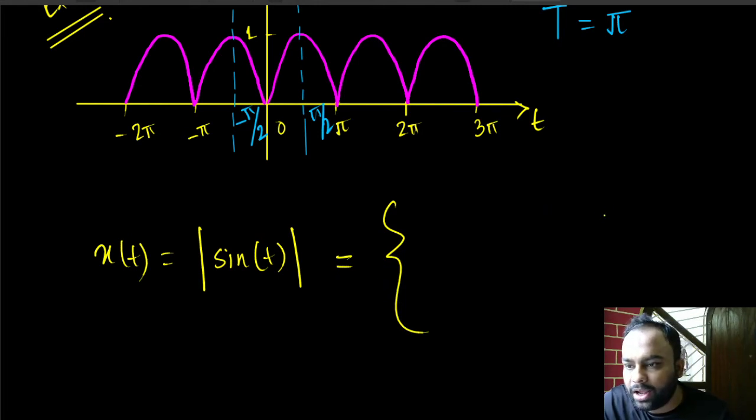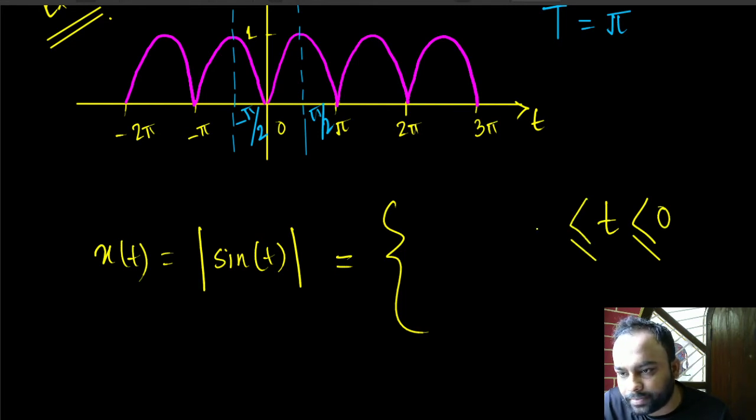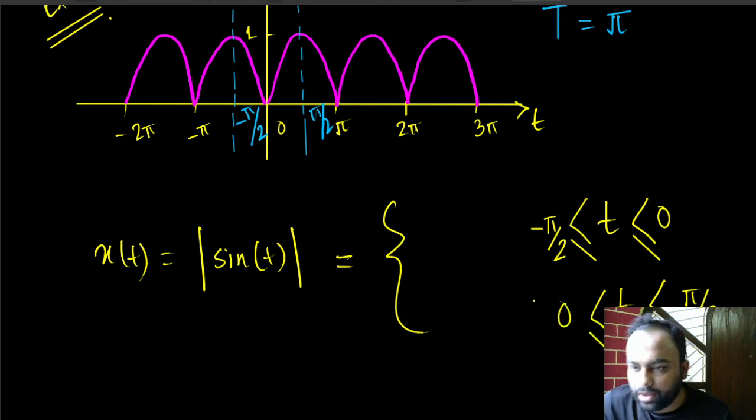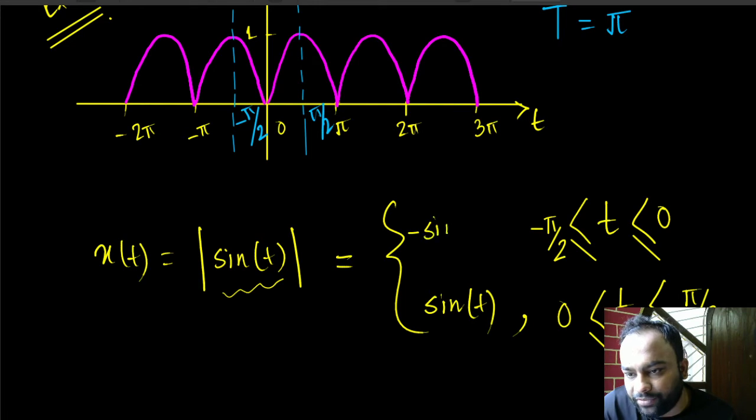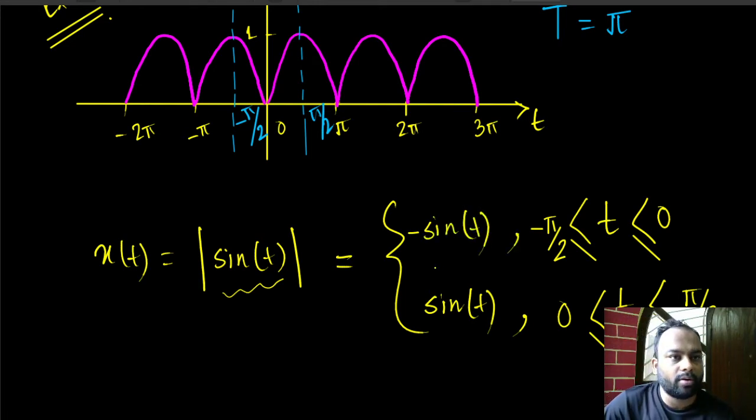One is between minus pi by 2 and 0, that's this portion, and then this other portion. Here, where this is positive, it would simply be sine t, and this other portion is going to be minus of sine t, because that's the property of modulus.